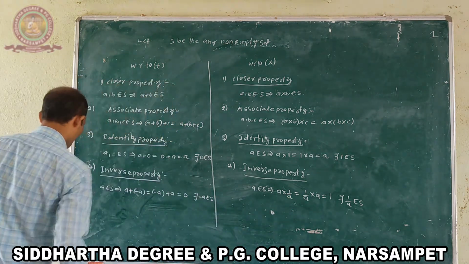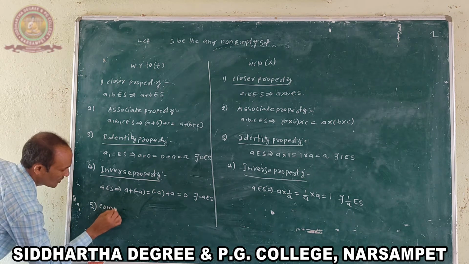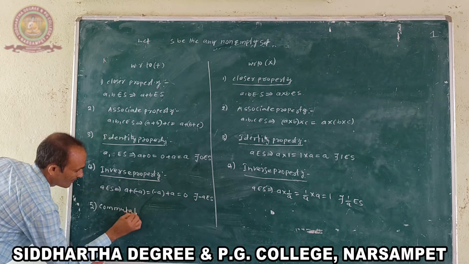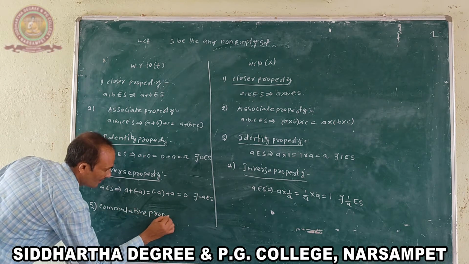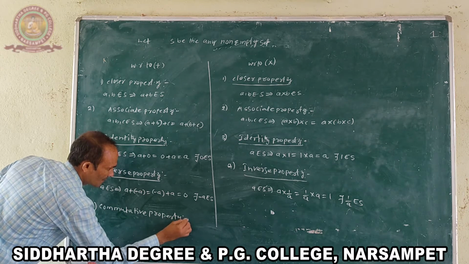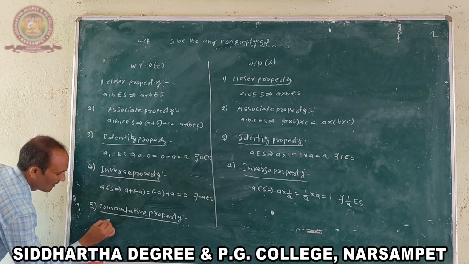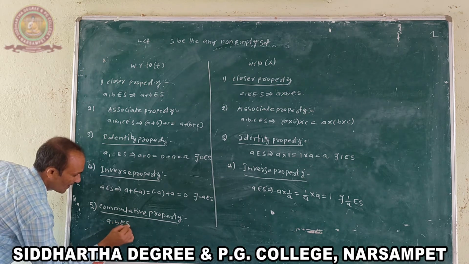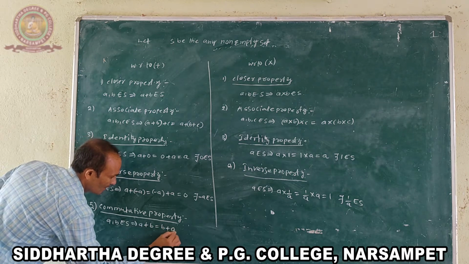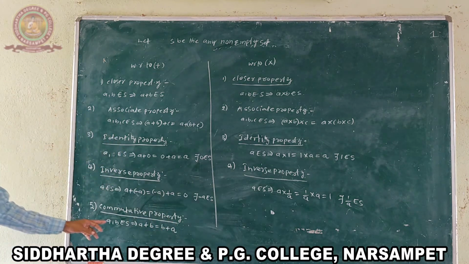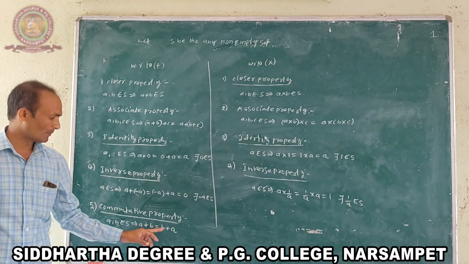So the next property, commutative property. It means a, b which belong to S implies a plus b is equal to b plus a.